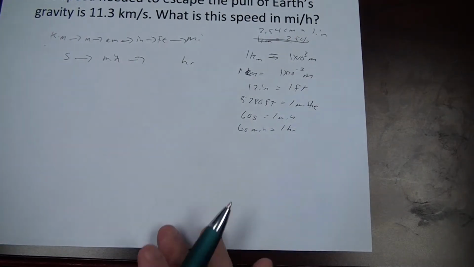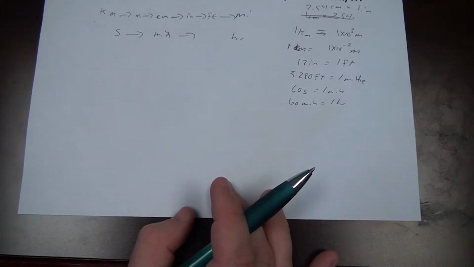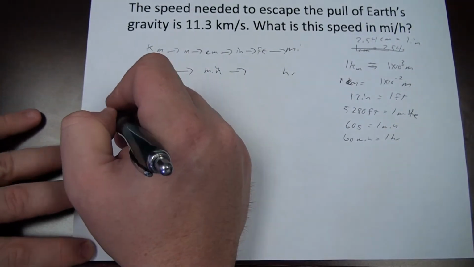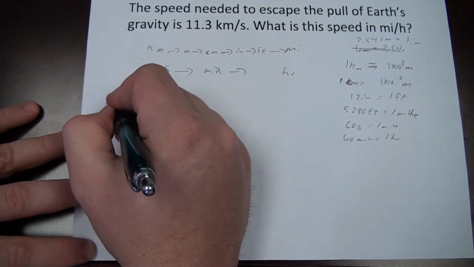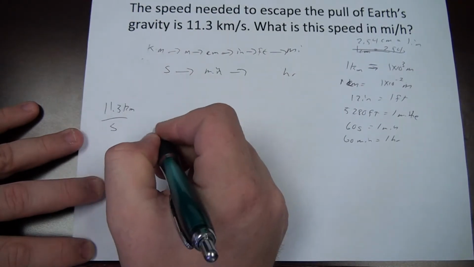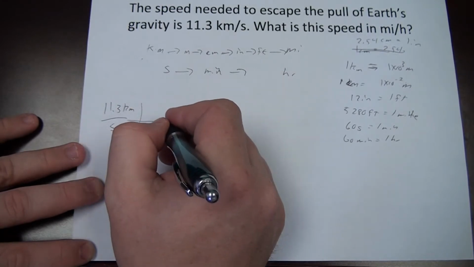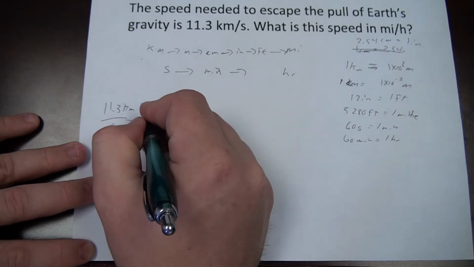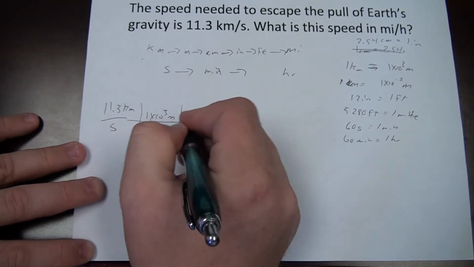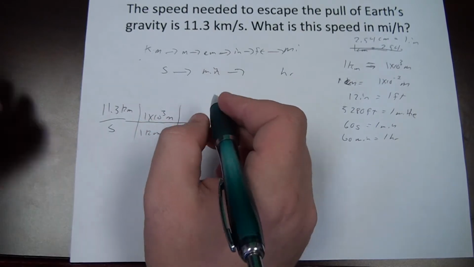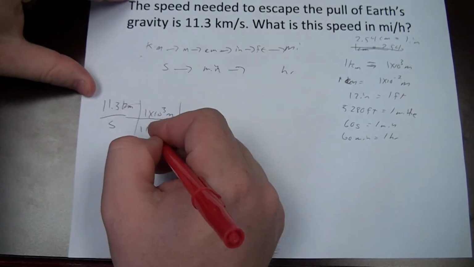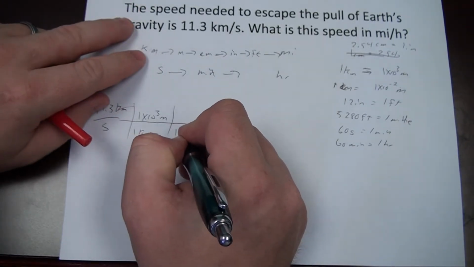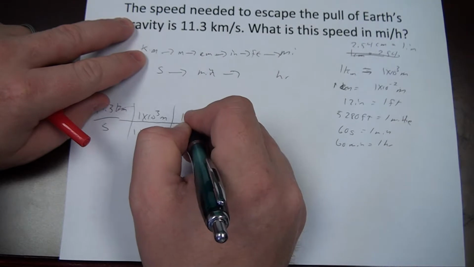So now we just have to actually sit down and do that conversion. We're going to start here with the value that we have, this 11.3 kilometers per second. We will convert the kilometers first. 1 kilometer is equal to 1 times 10 to the third meters. Kilometers cancel out, we're left with meters. We don't want meters, so we have to go to centimeters. 1 times 10 to the negative 2 meters is 1 centimeter.